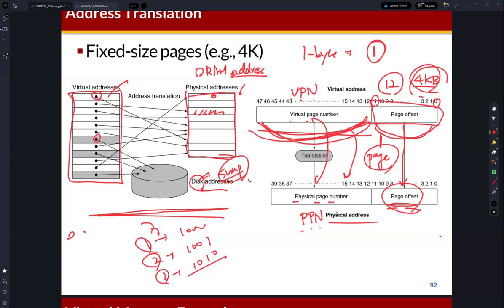Okay. So this is the translation rule. Recently, this page offset size can be changed by the operating system, but usually the operating system sets a fixed size of this page offset, like 4 kilobytes.